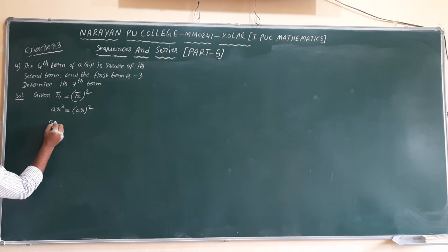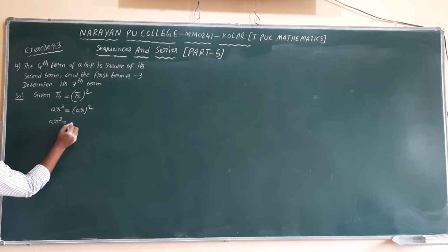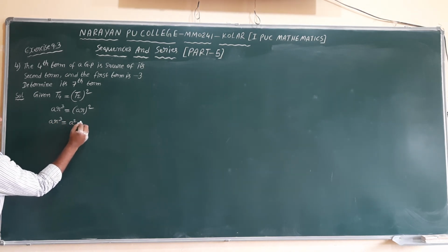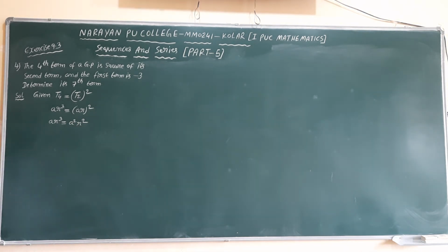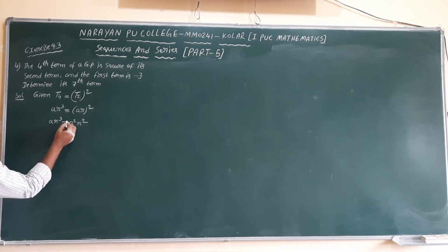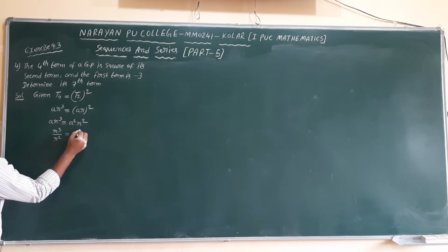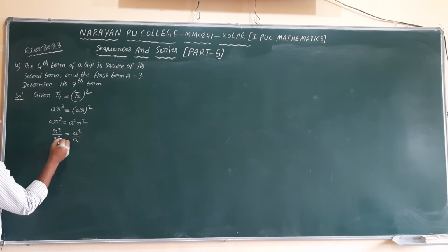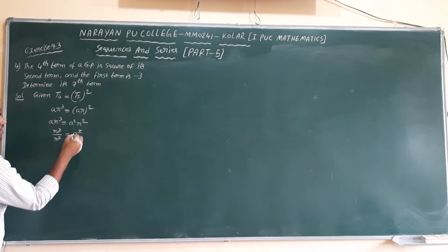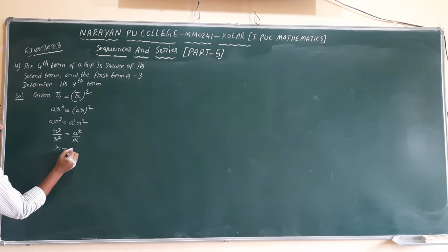Simplify that. AR cube equal to A square R square. So R values collect one side: R cube divided by R square, A square divided by A. R square cancels, A cancels. R equal to A.